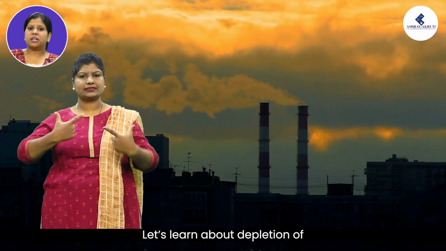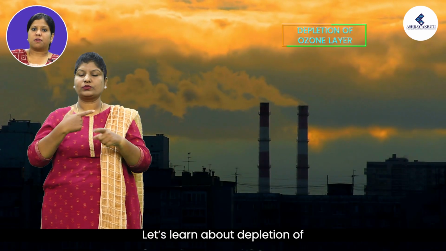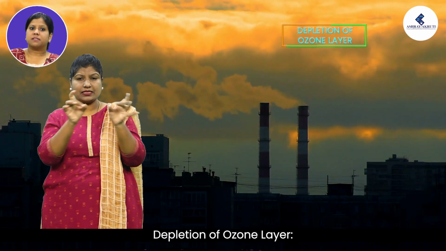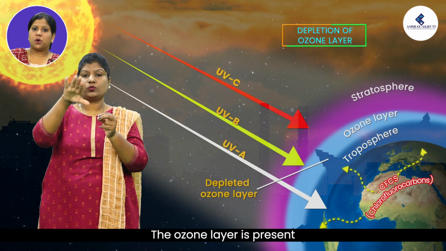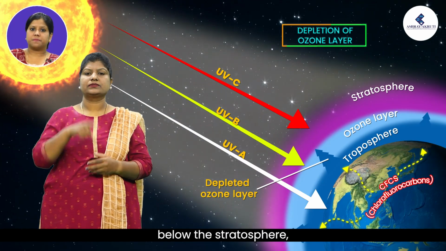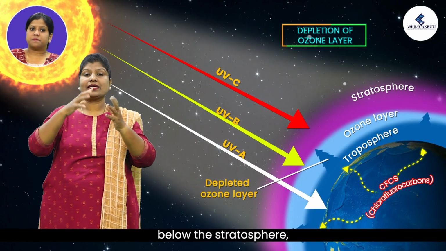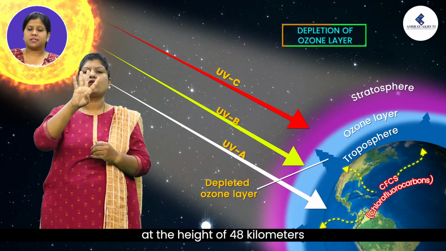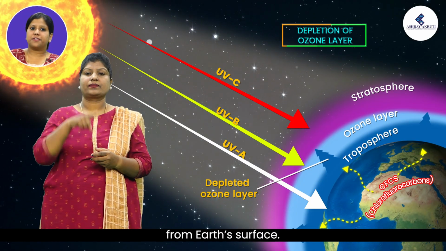Let's learn about depletion of ozone layer. The ozone layer is present below the stratosphere at the height of 48 kilometers from the Earth's surface.